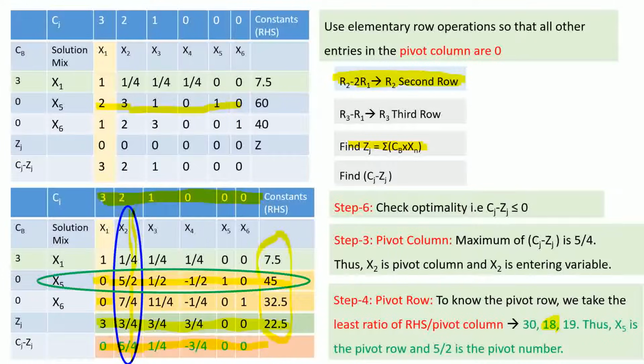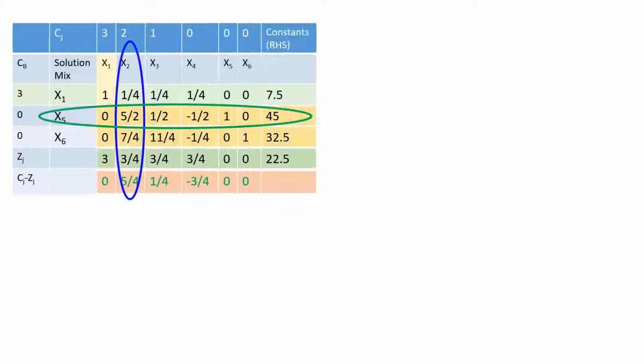And our next step is to make the pivot value 1. Having determined the pivot row and the pivot column, we get the pivot value, the intersection of the pivot row and the pivot column, that is 5/2.